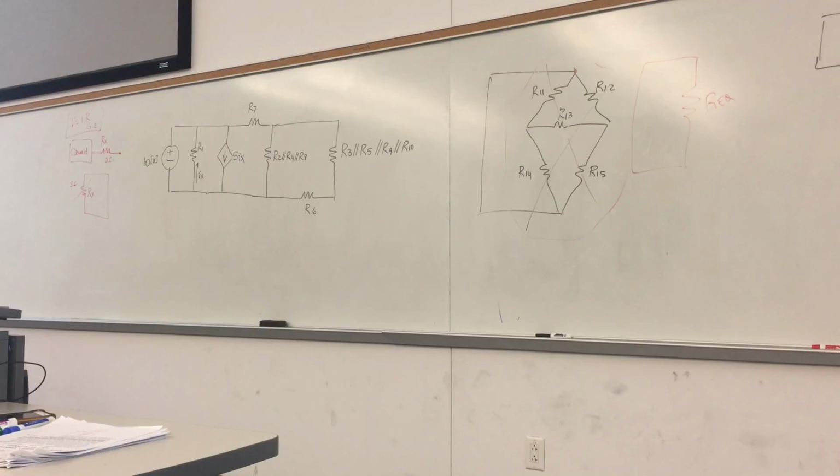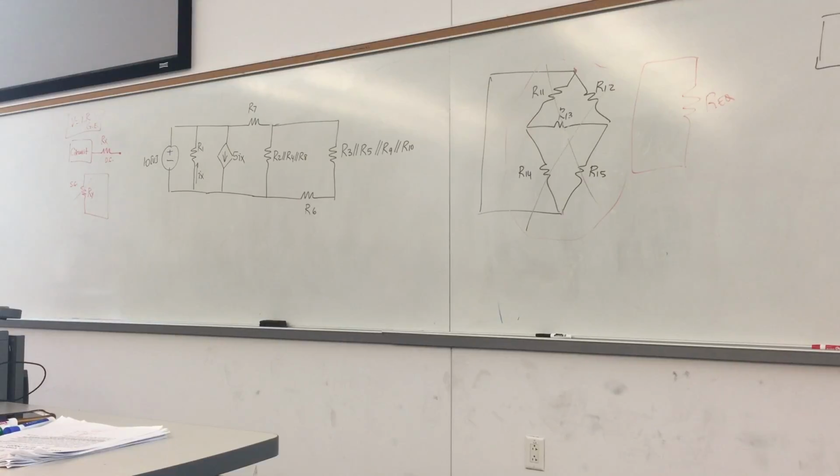Doesn't really matter. All of those can be combined into a single resistor in parallel with a wire, which means they can all be ignored, as long as you don't have any interest in this circle here. If you have a current over here that I'm interested in, then everything will be different.